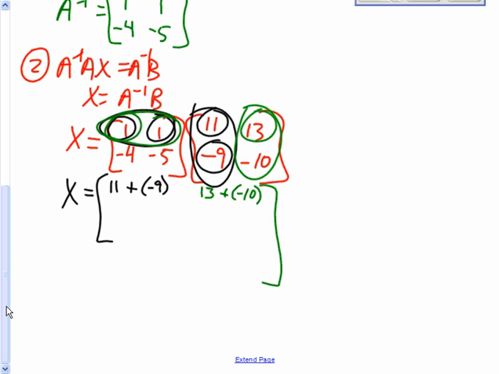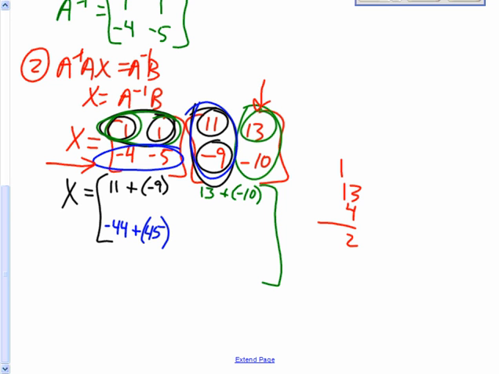Okay, now let me go second row, first column, so -4 times 11, -44, plus -5 times -9, that's 45. And finally, lastly, let me go second row, second column: -4 times 13, what is that?